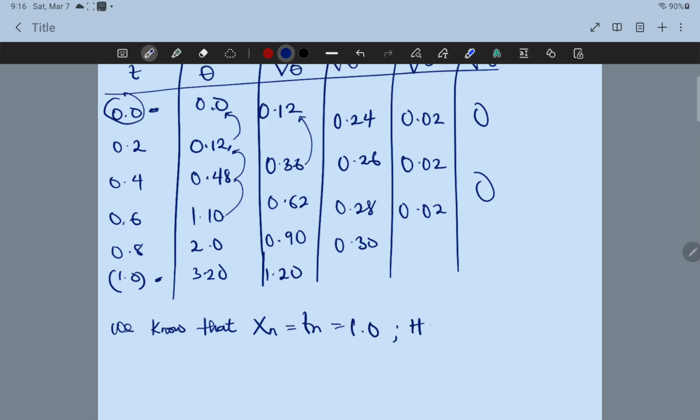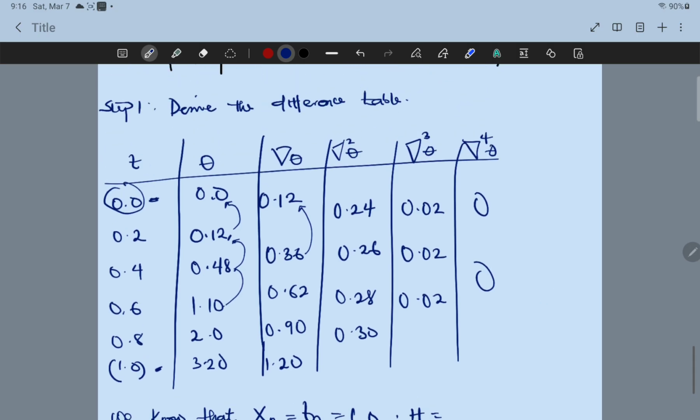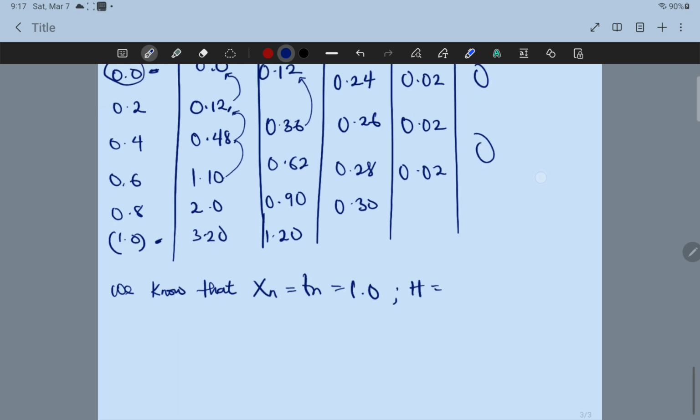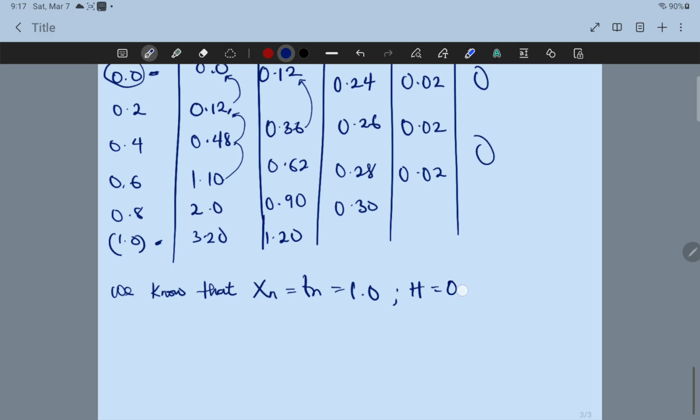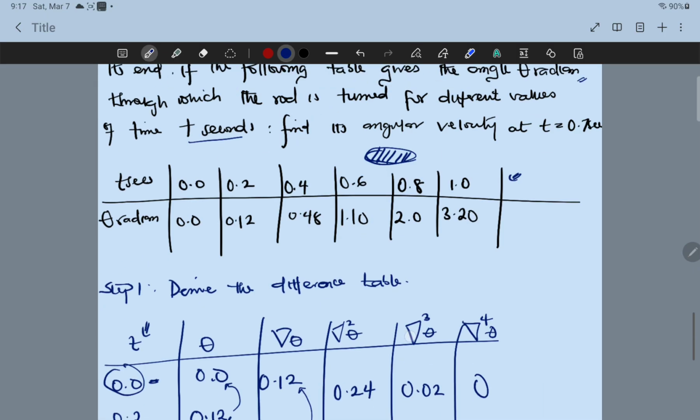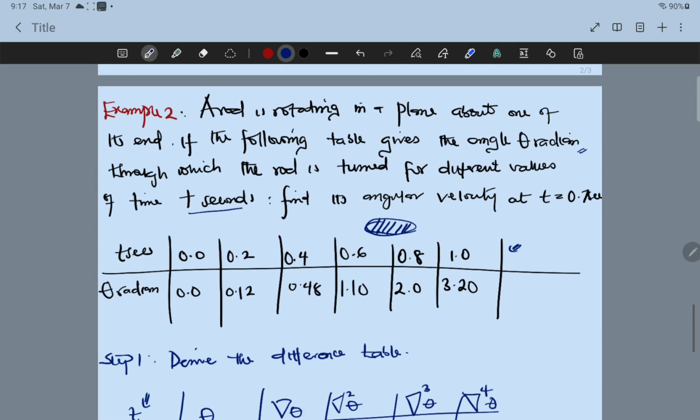Is that okay? h is the interval of differences. What is the difference between 0.2 minus 0.0? Our answer is 0.2. What's the difference between 0.4 minus 0.2? Our answer is 0.2, and so on. So h is 0.2. Now x is equal to t, which is what we are looking for, 0.7, because the question says find the angular velocity at t equals 0.7 seconds.